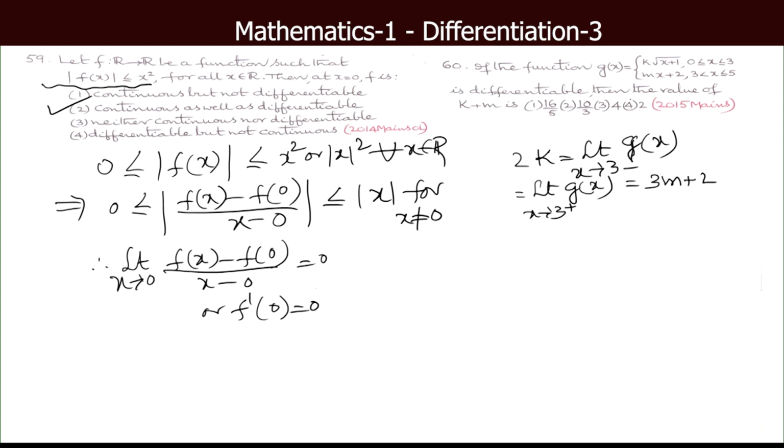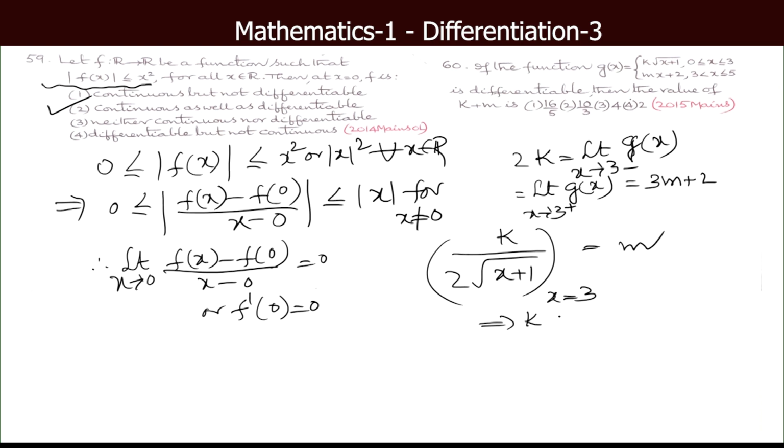Left hand derivative for g at x equal to 3 is k by 2 root x plus 1 at x equal to 3. Right hand derivative, that is m. But root x plus 1 at x equal to 3 is 2. K by 2 into 2, this implies k equal to 4m.